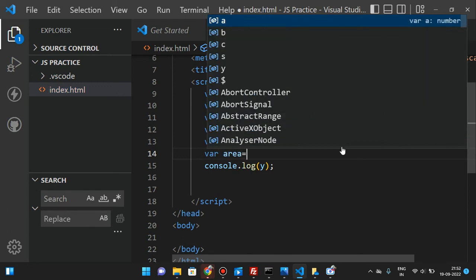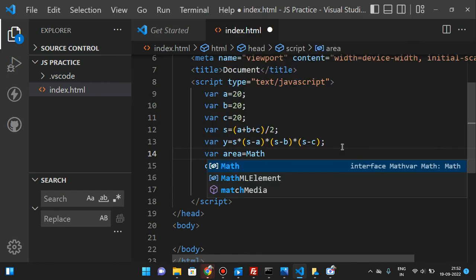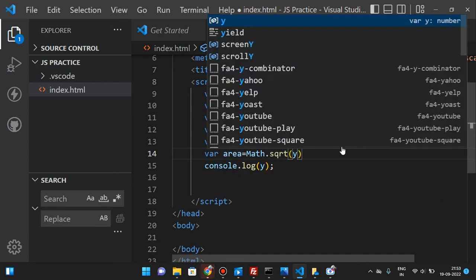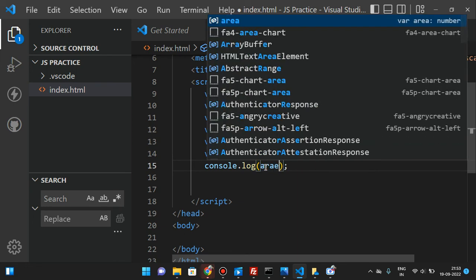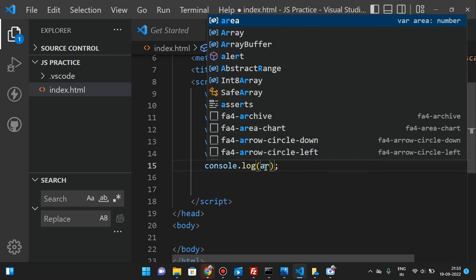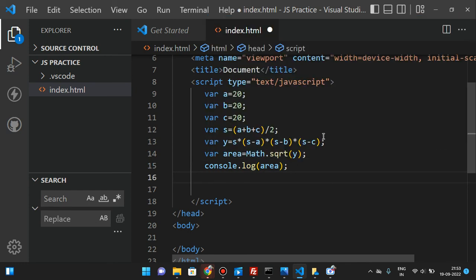Area, okay, area of square root y, and here I print what is your area after all this calculation.